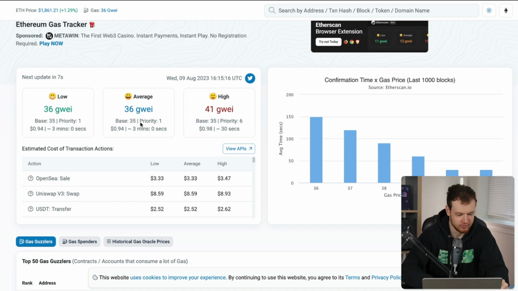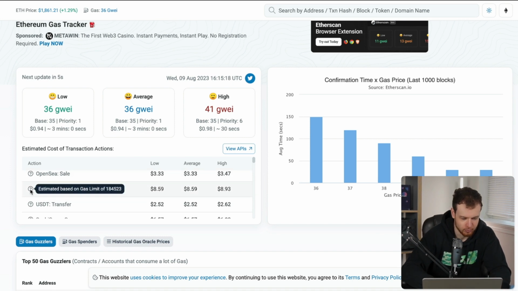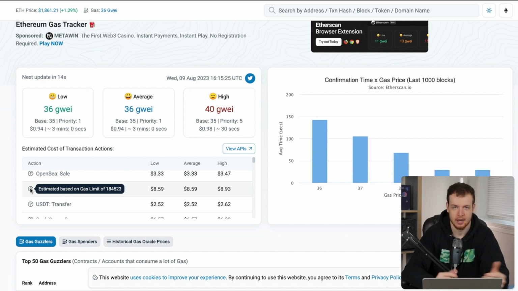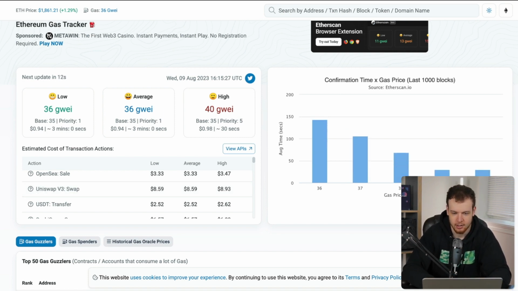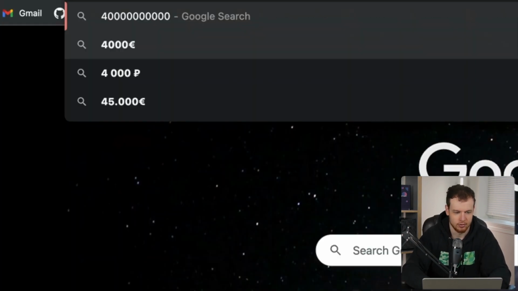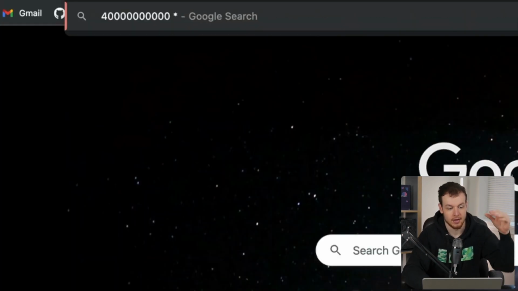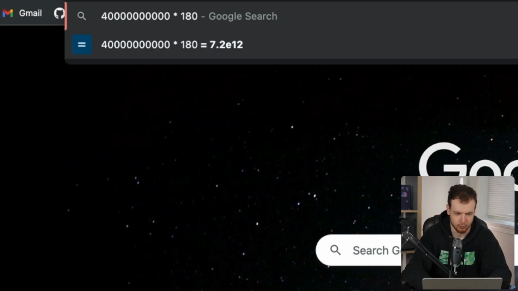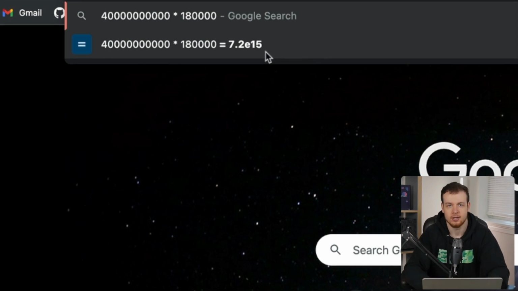We could see, for example, for a Uniswap V3 swap, which they're estimating would expend around 180,000 gas, we can take our 40 Gwei and convert it to Wei. If we do the computation of 40 Gwei times 180,000 gas, that's going to give us some 1E15 number.